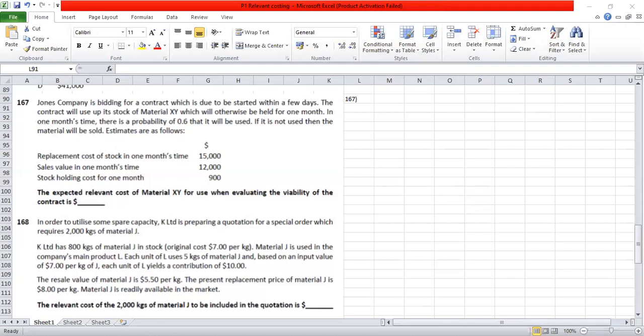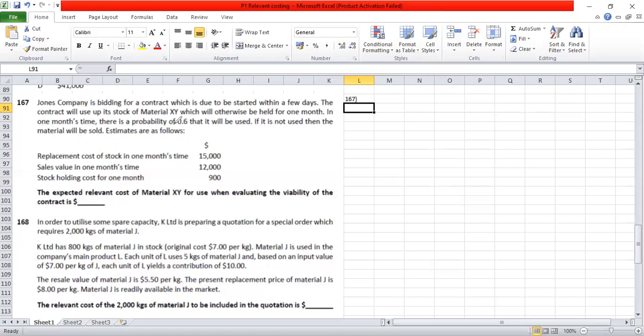We have not done expected value. That's what I recollected.